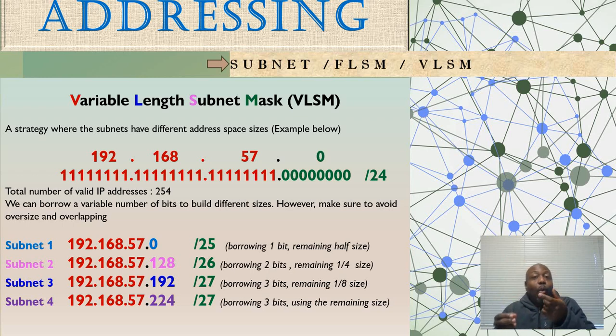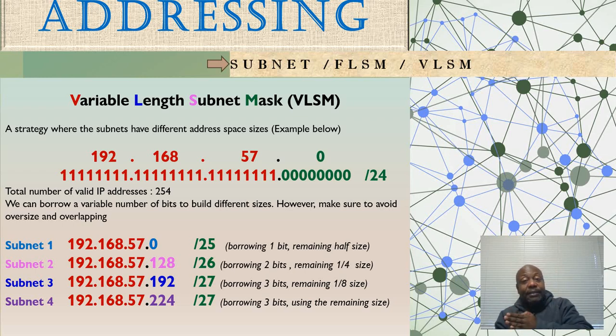That will make like a quarter. And then a quarter will remain, where we can borrow 3 bits to divide it into 2. We get 1/8. And we're borrowing from the initial network, of course. That's what we get, this result we have here. The subnet 1, that is 192.168.57.0 with /25, because we borrowed 1 bit.